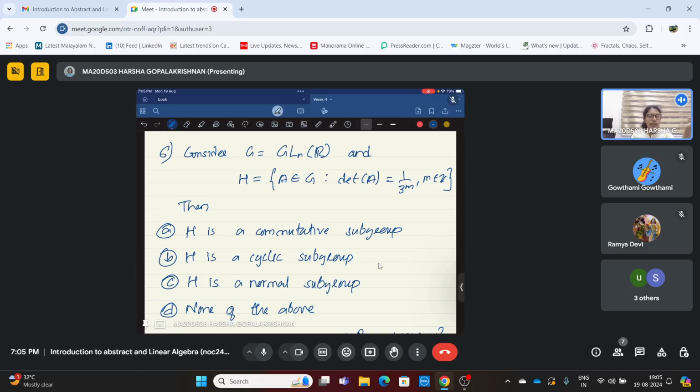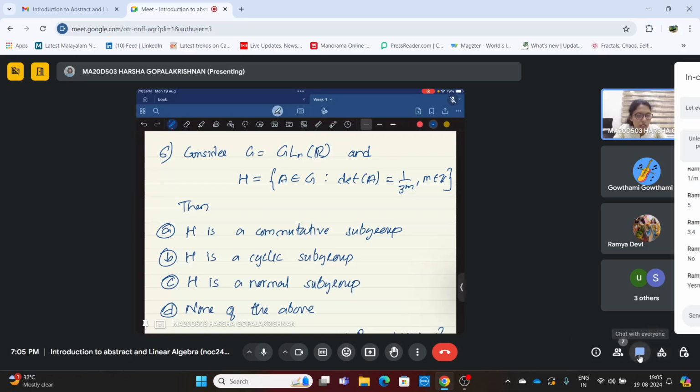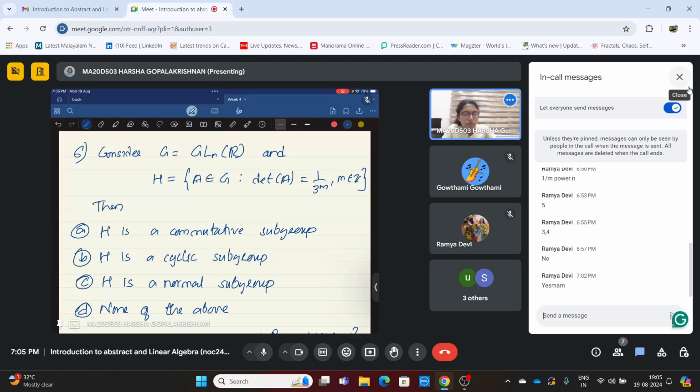If I take two matrices, AB and BA are not equal, but here we have H only, a sub-collection of matrices with some condition. So we need to check whether it is commutative or not. If it is not commutative, we should be able to give two matrices from H which do not commute. Leaving everything else, what is your guess whether H will be commutative or not? Just a guess. Yes or no?